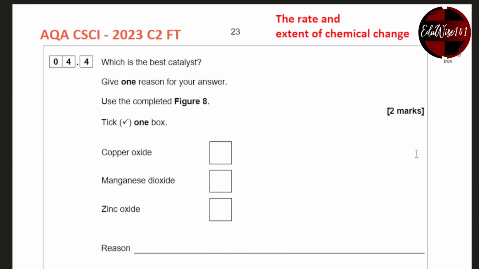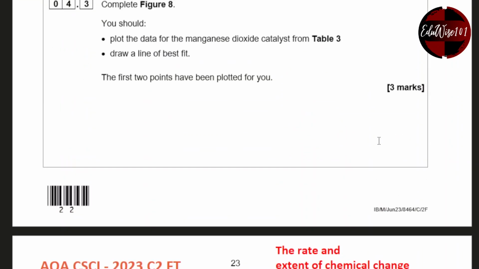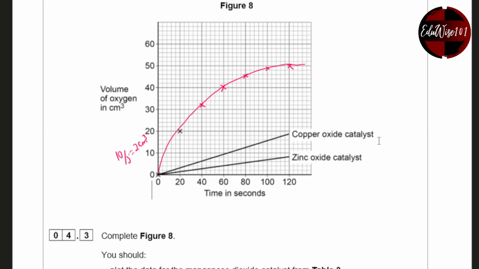Which is the best catalyst? Give a reason for your answer. Is it copper oxide, manganese dioxide, or zinc oxide? As you can see, the line for manganese dioxide is the highest, or you could say it is the steepest.